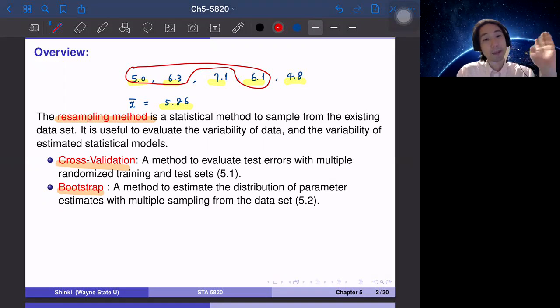Once again, the problem with statistical inference is that once you observe the data, everything is fixed and we don't have any randomness, but we artificially create some randomness to see how reliable or how stable the result is.